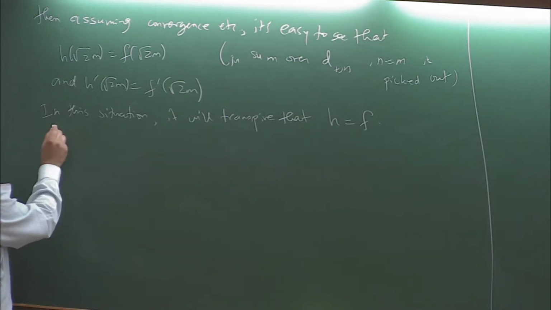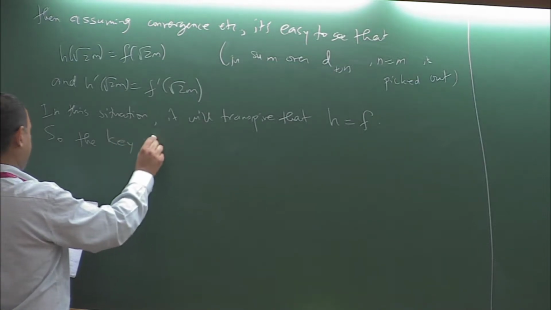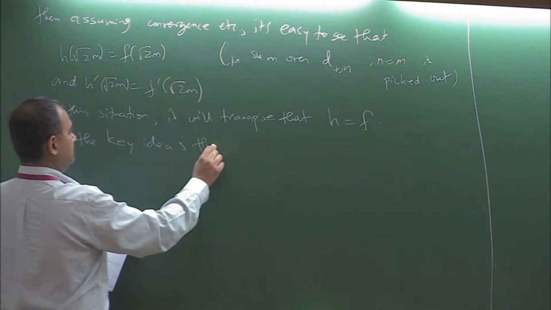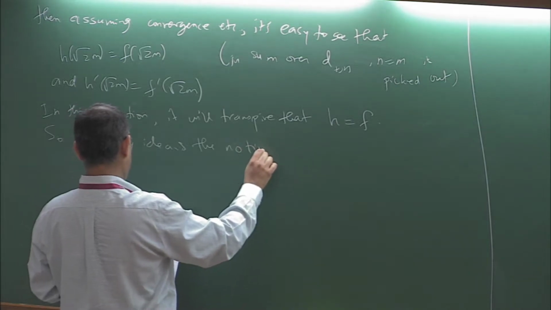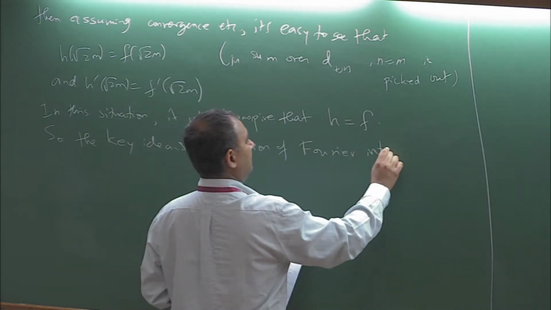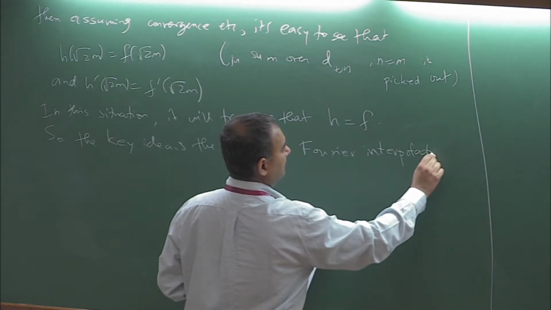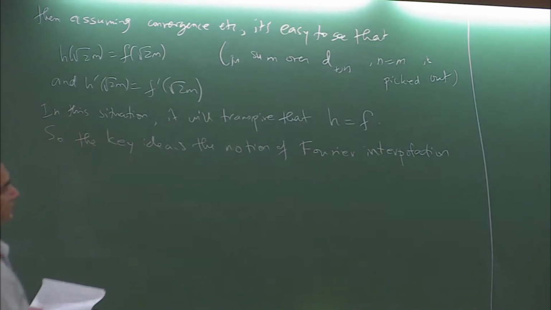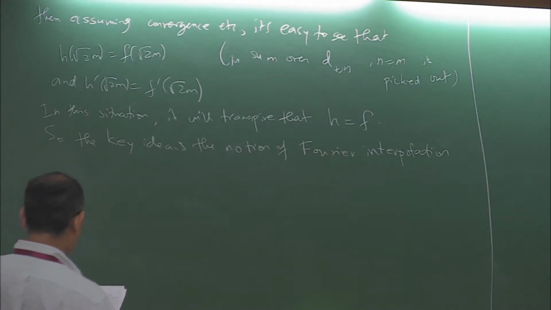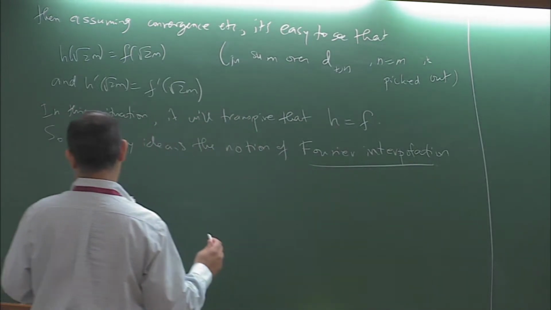Okay, so the key idea is the notion of Fourier interpolation, and similarly for -1, you have a sequence of functions which does this. Cn minus is going to do the same thing. What does this mean?